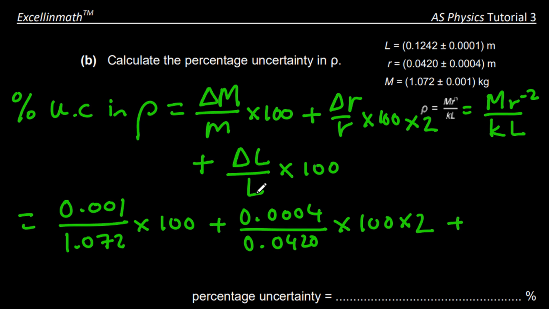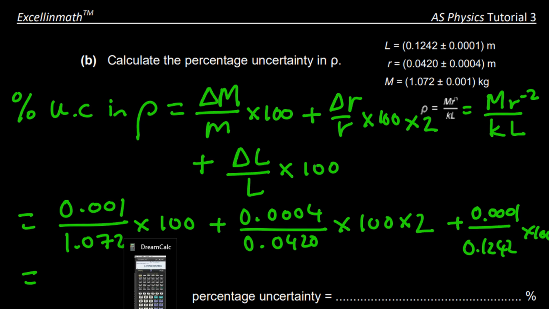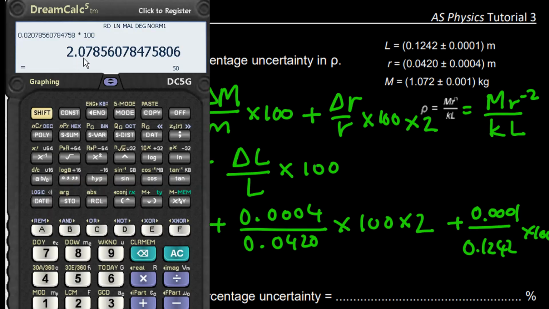Then plus delta L over L, times 100. This we can do in a calculator, and we get an answer of 2.078.